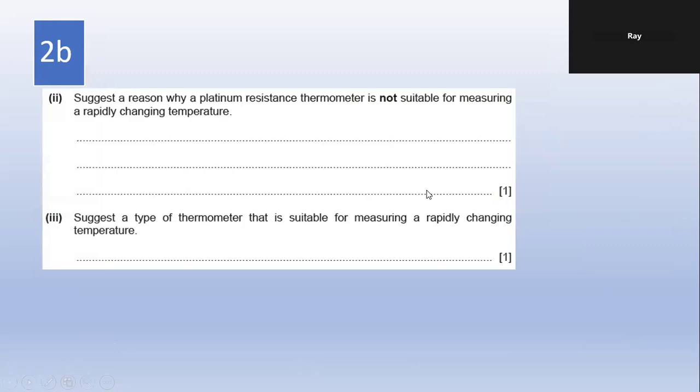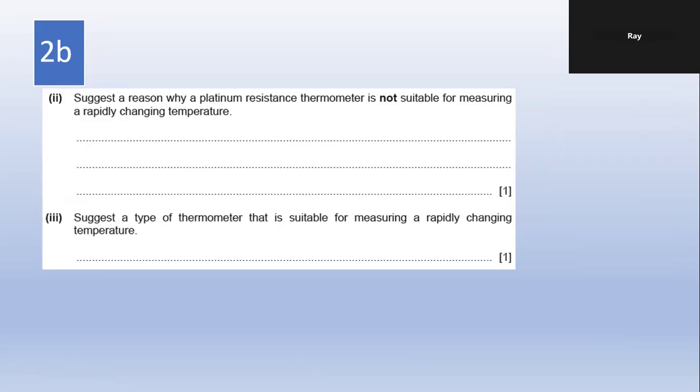Suggest a reason why a platinum resistance thermometer is not suitable for measuring rapidly changing temperature. Yep. They didn't say about the advantage and disadvantage.